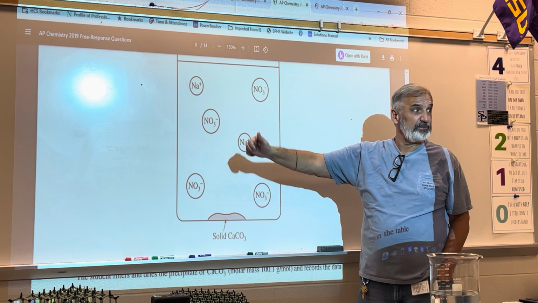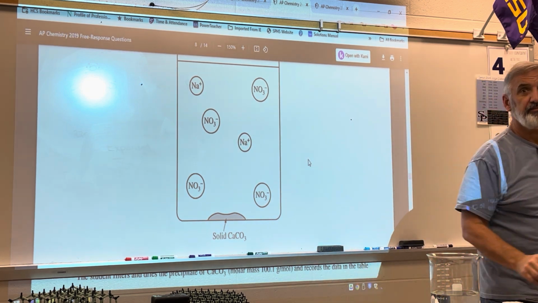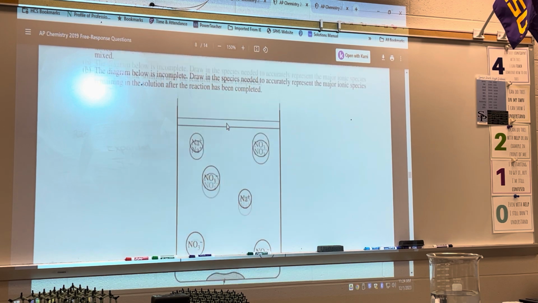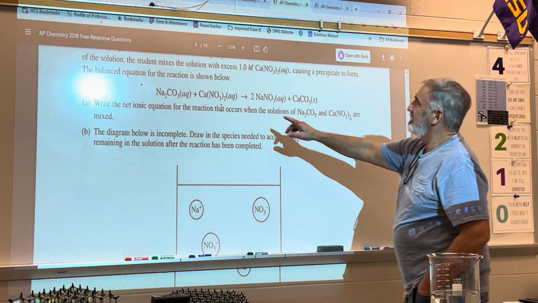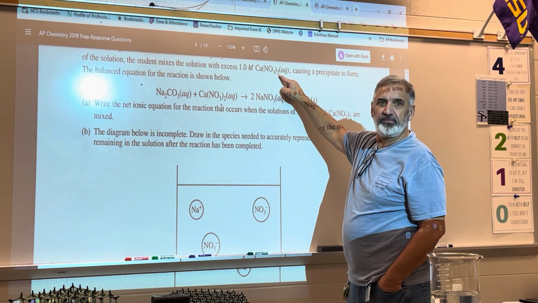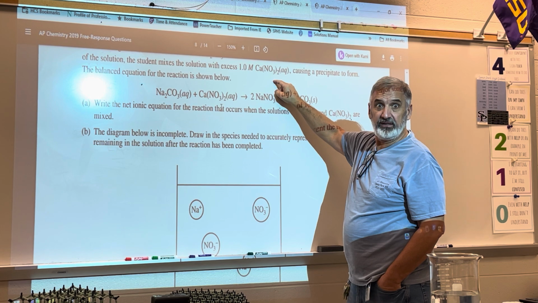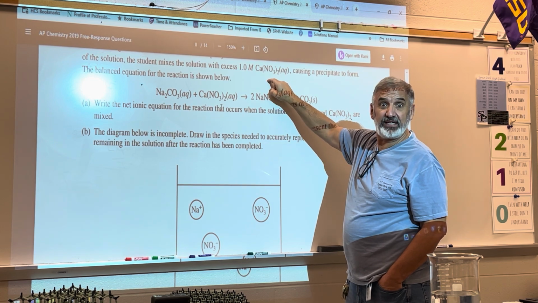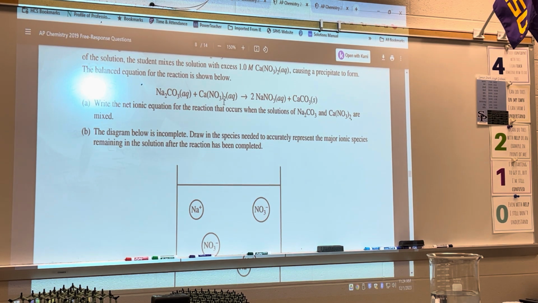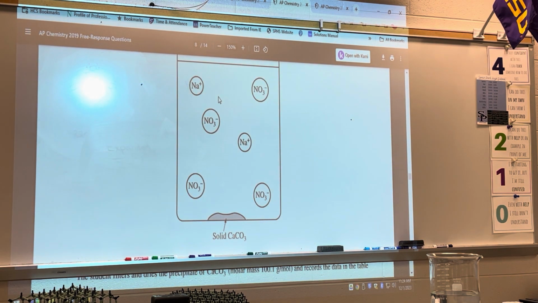What else is missing? Excess reactant. Excess 1 molar calcium nitrate. Okay? So I've got to have some calcium in there. I have to have some of the excess reactant in there. Now, how many calciums? Do you just randomly put calciums in here? What do we have to make sure is balanced?